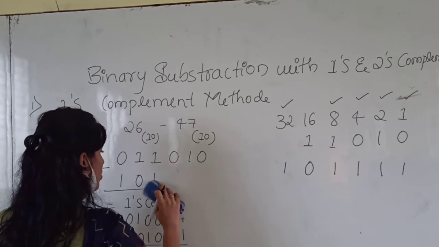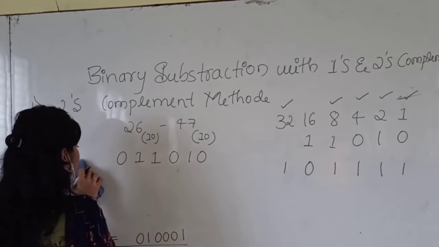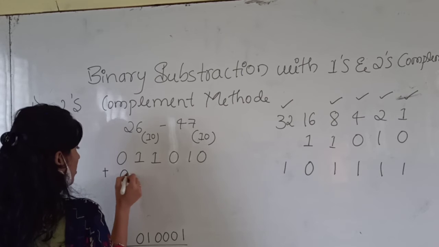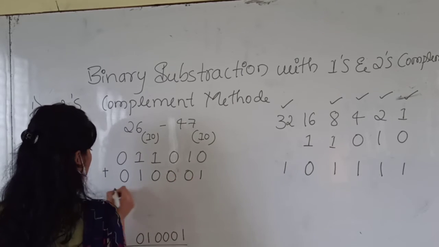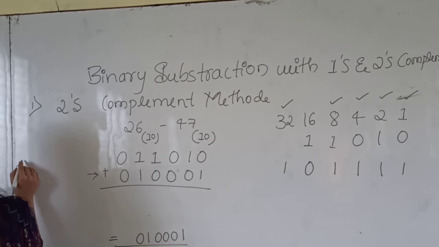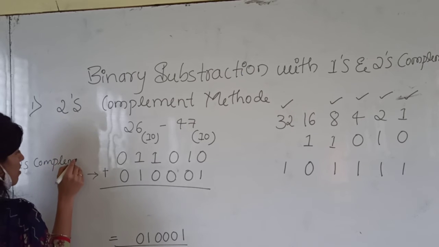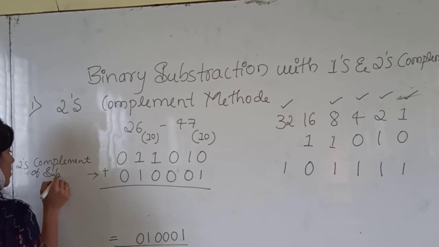After that we add this 2's complement answer to the minuend. Just add it to the minuend, 0, 1, 1, 0, 1, 0. This one is the 2's complement of the subtrahend.